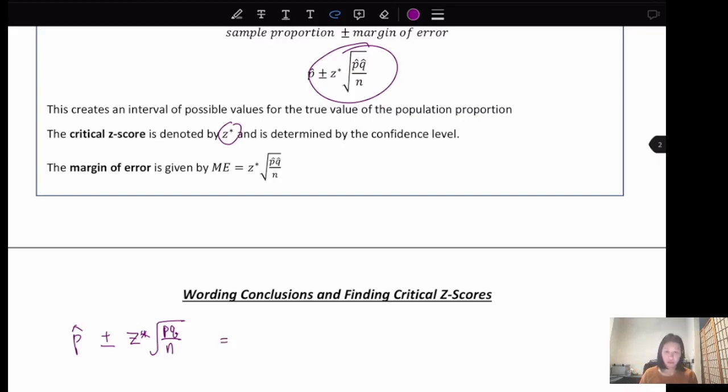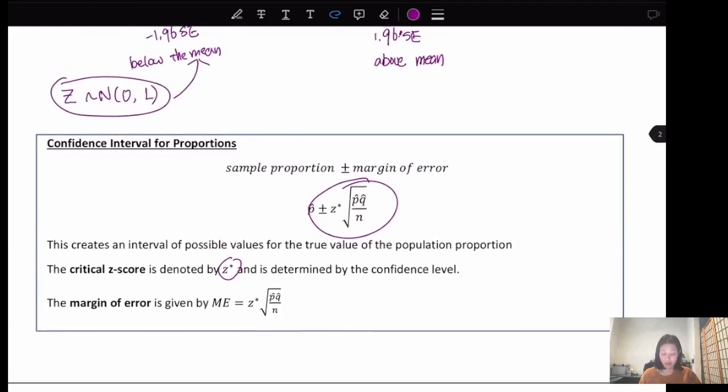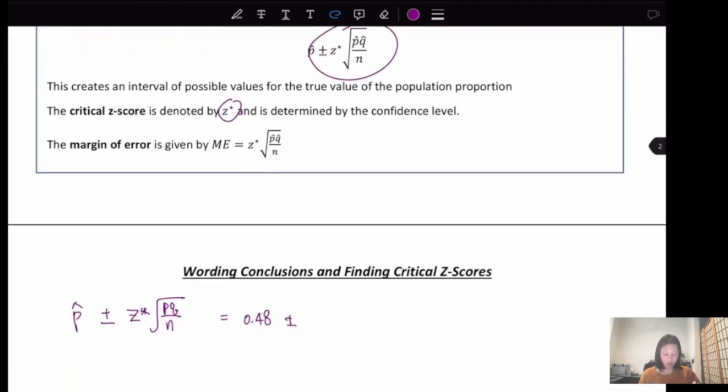So p hat, which is the sample proportion, is equal to 0.48 plus or minus the z-score, and we found out in the last video, since we want a 95% confidence interval, it's going to be 1.96 times the square root of 0.48 times q hat, which is 0.52, divided by 2500.